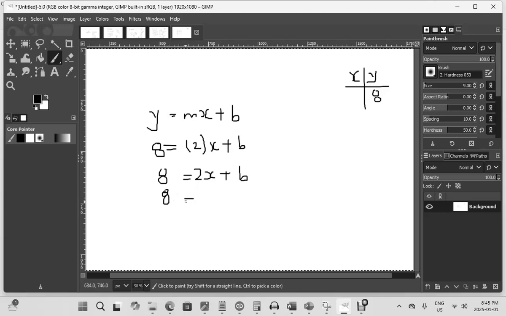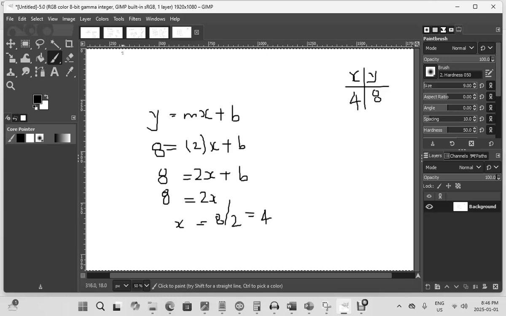Because b is 0, this will be 8 equals 2x. So we know that 2x equals 8, so x will be 8 divided by 2, or 4. 2 goes into 8 four times, which means your x coordinate is 4 and your y coordinate is 8.